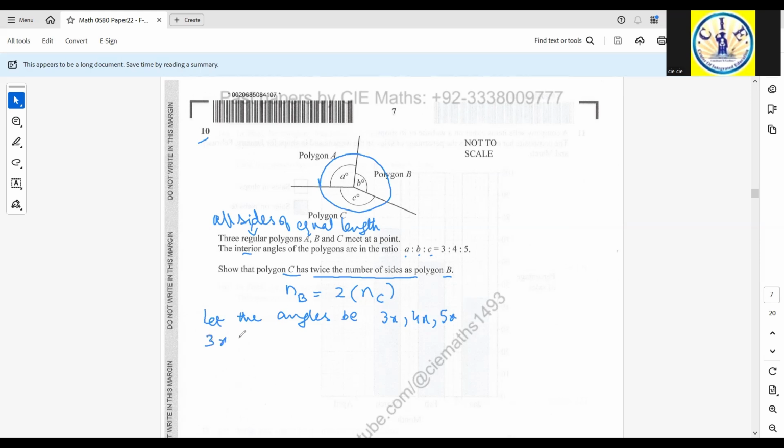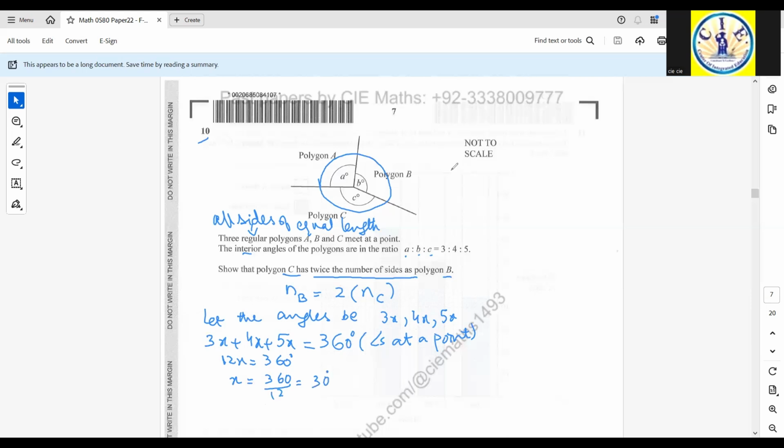So 3x plus 4x plus 5x equals 360, angles at a point. Then this is 12x equals 360. So the value of x is 360 divided by 12, that is 30.